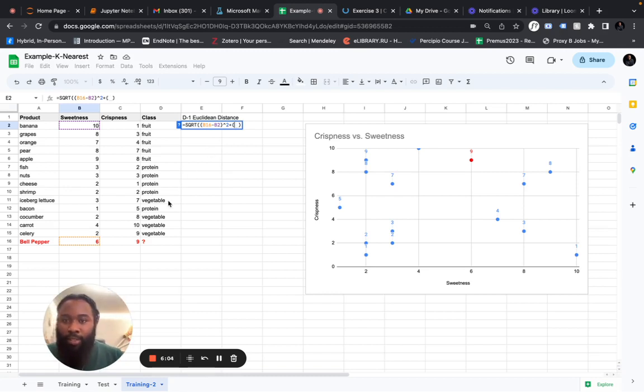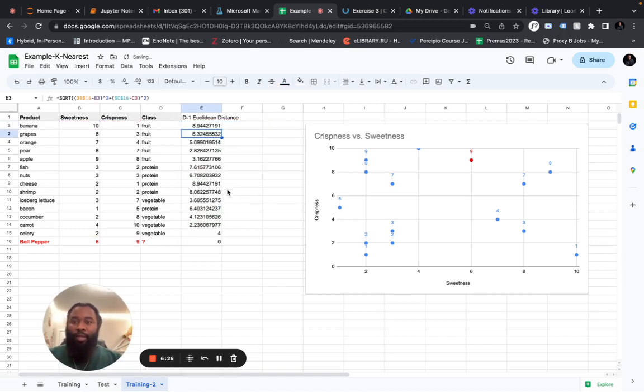So let's do that. 9 minus 1, squared. So this is the distance. We can drag and drop this across all the objects. So I'm just going to lock this in and lock C in.